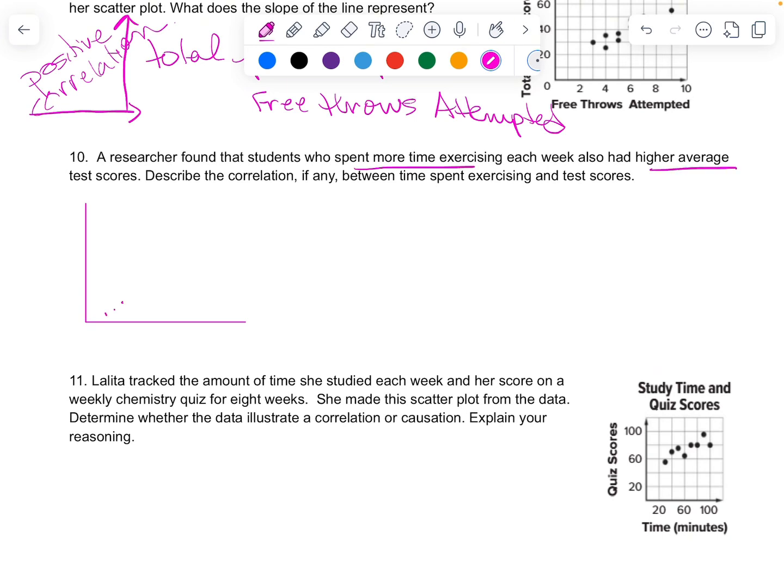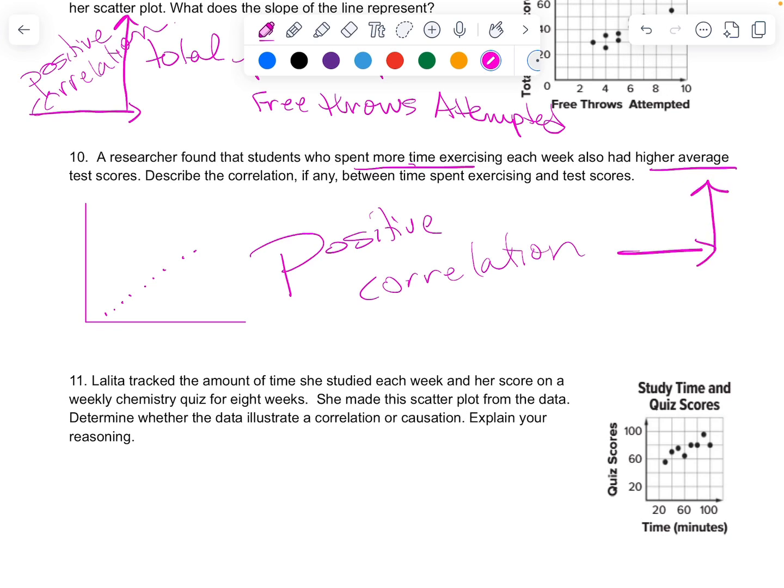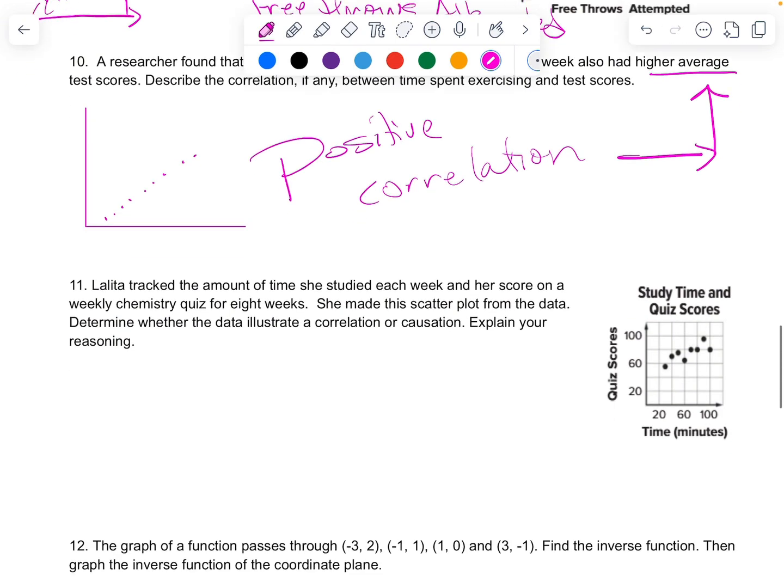So as I go out here, I'm going like this. So that's going to be a positive correlation, because more time, higher. They're both going in positive directions. Okay.